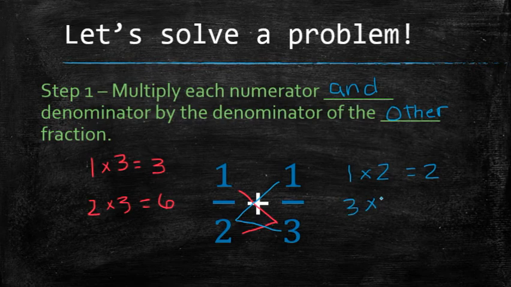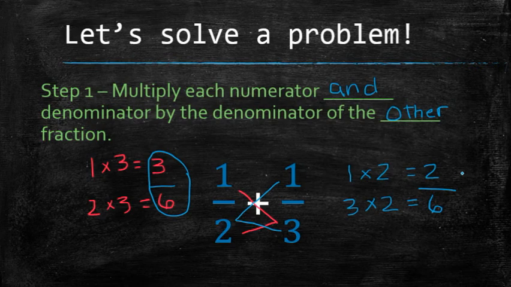And we know that equals 6. Let's go ahead and add our fractional bars here. We have successfully made equivalent fractions here. 1/2 is equivalent to 3/6, right? And 1/3 is equivalent to 2/6. But we notice that now the denominators are the same.